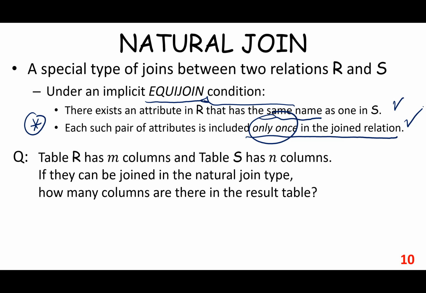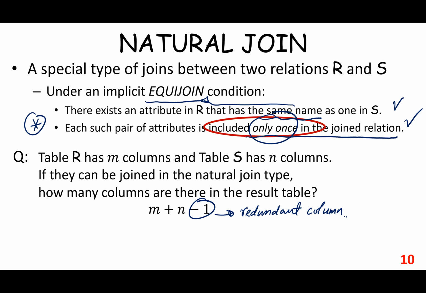We know there are two columns with the same name, but you only keep one copy of it. The answer is m plus n minus 1. You remove one redundant column. We do not need to include two same-name attribute columns, so minus 1.